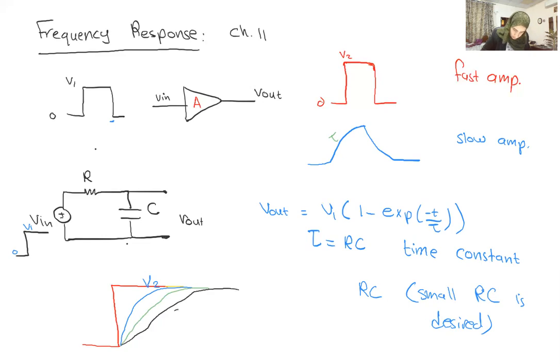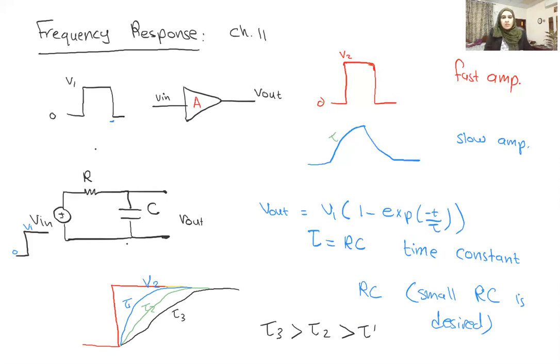Here this is tau 3, this is tau 1, and here tau 2. Clearly the time constant tau 3 is greater than tau 2, which is greater than tau 1, and each tau is the RC time constant of the circuit, depending on the values of R and C. You can see that it's more desirable to have a low value of RC in order for the output to approach the desired value within a short time.